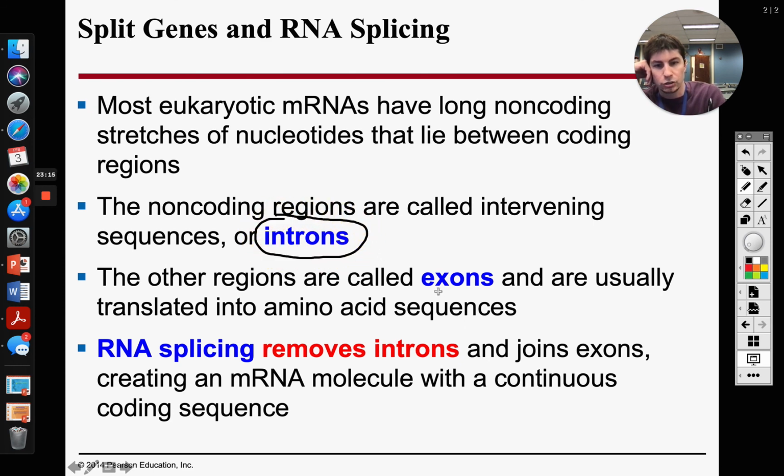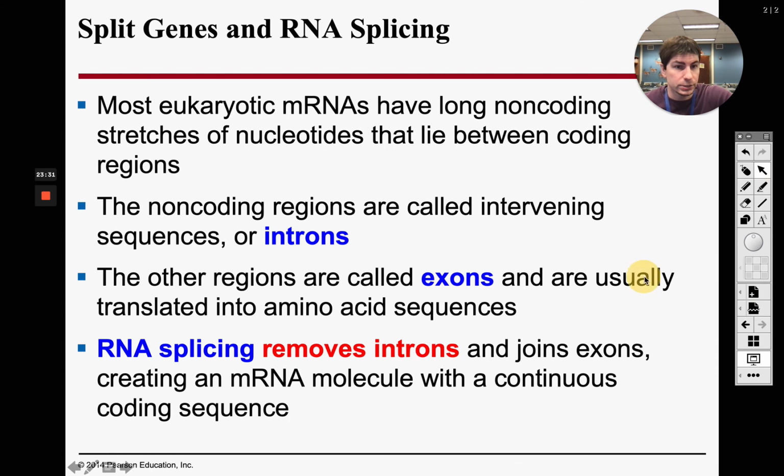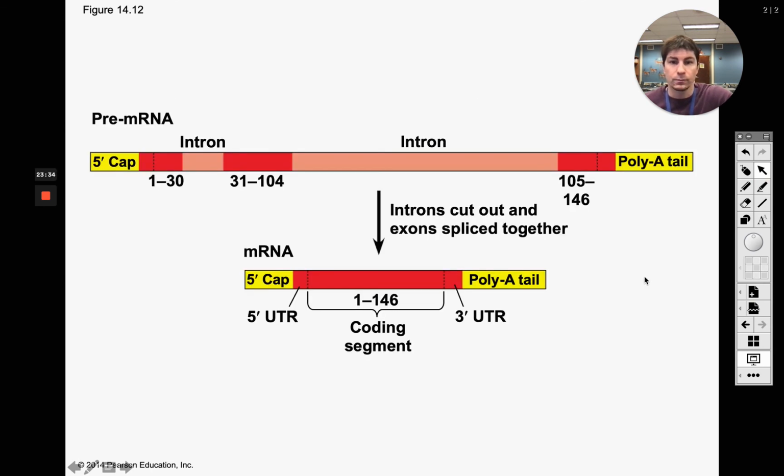So what we're going to do is use something called RNA splicing because we don't need those introns in there. Why translate them into amino acids if they're not even going to be used? So again, guys, we're just going to remove those introns. Here is our whole part. You guys can see the introns here.